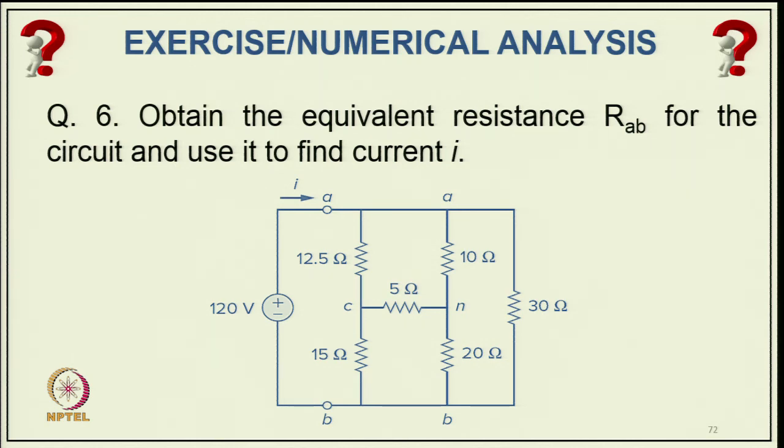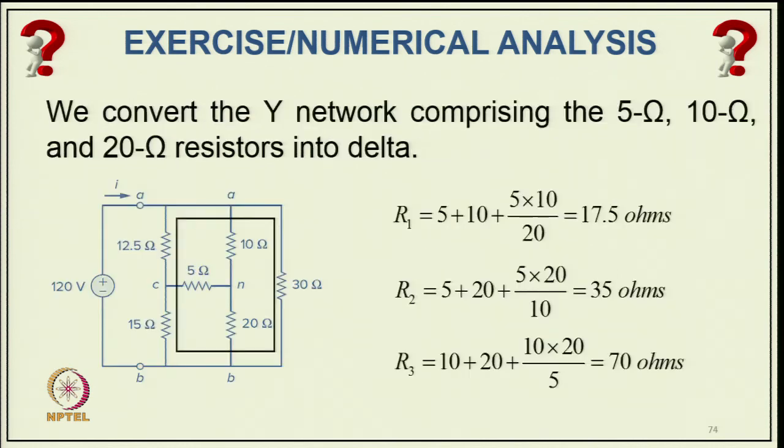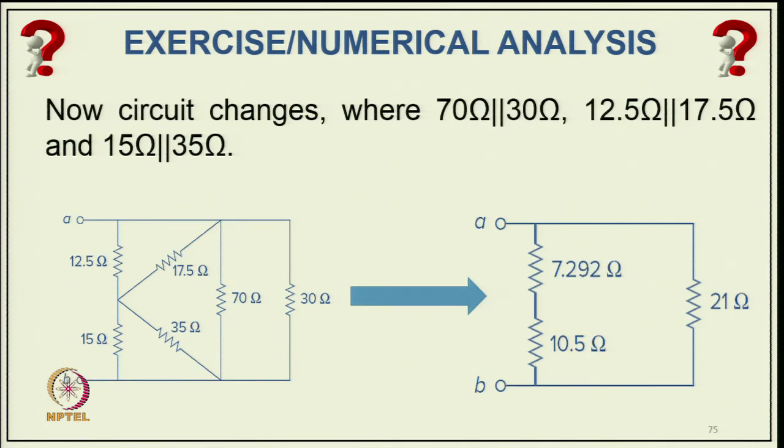Again you just see here the network looks quite complex. However, this side of the network is a star, which we can convert to an equivalent delta, and that allows the resistances to come into parallel. So, we have to find the equivalent, and then this resistance is parallel, this also parallel and this parallel, and this becomes quite simplified.